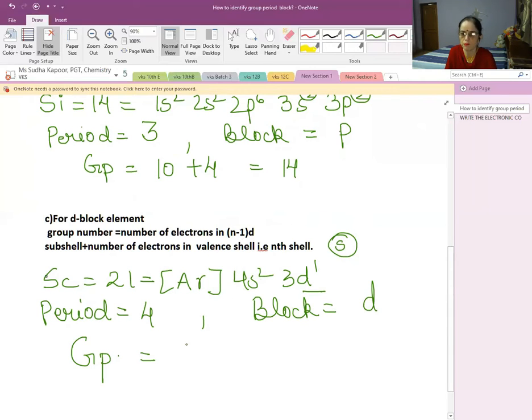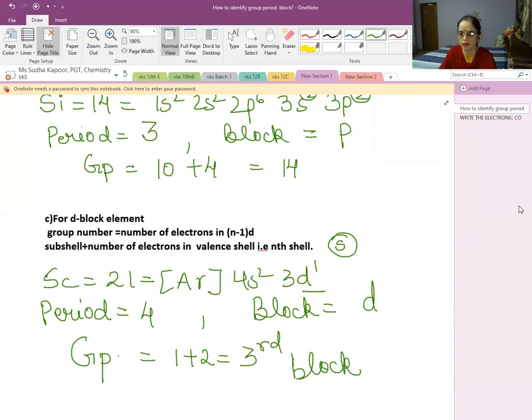So the total number of electrons is 1 plus 2, that is equal to 3. So it will be lying in the third group. So group, period and block are easy to identify if we use a specific method. Period, block and group can be calculated from the configuration directly.